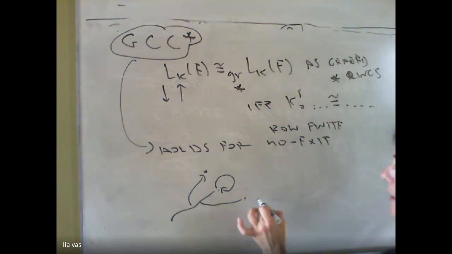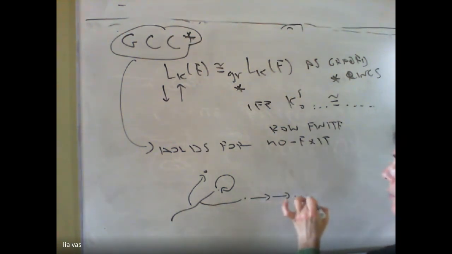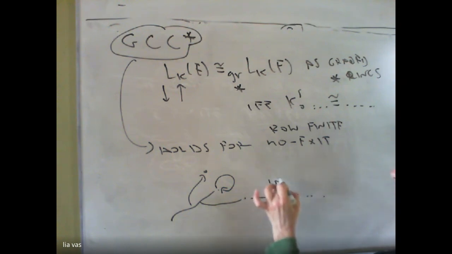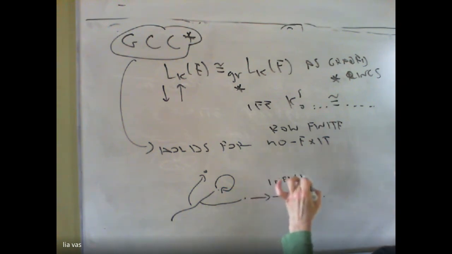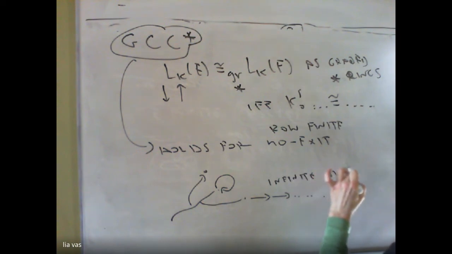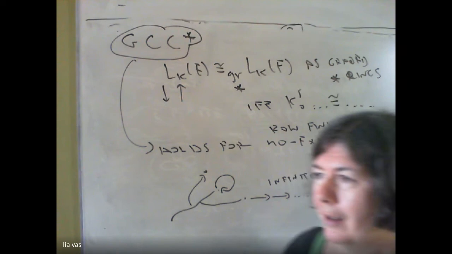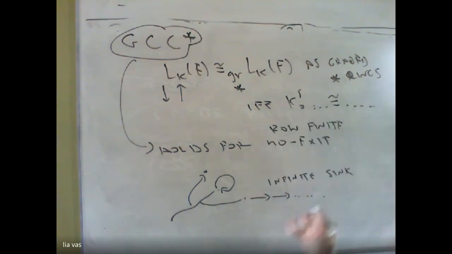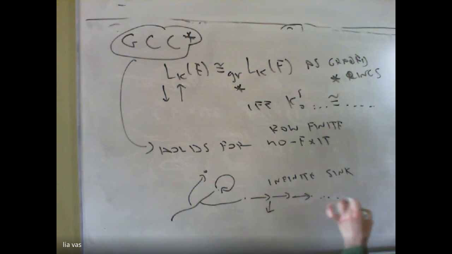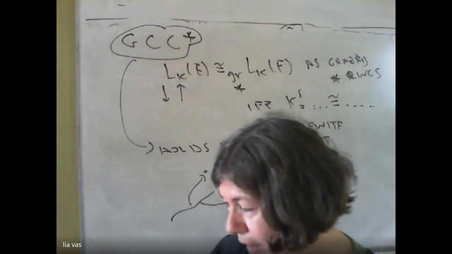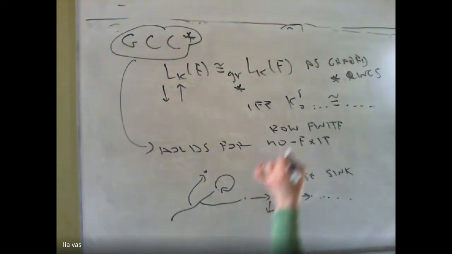So you allow this other version of sinks called infinite sinks, which is some kind of path that keeps going forever, but it doesn't lead you anywhere outside this one direction here. So it has no bifurcation after a while, right? Maybe it has bifurcation here, but not after a while. In the long run, it doesn't have bifurcations. And it is row finite.